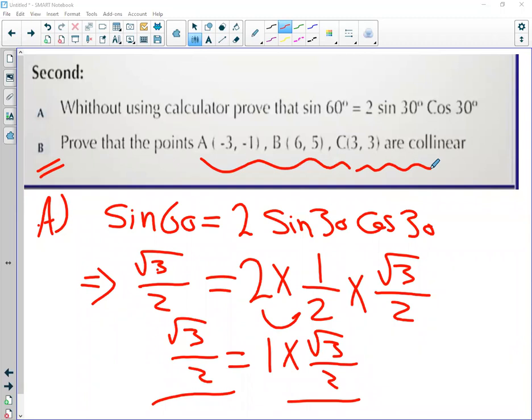Okay, Tahir. Speak, Tahir, I'm listening to you. You can't mute yourself again. Okay, speak, I'm listening to you. What do you want then? Okay, prove that the points A(-3, 1), B(6, 5).